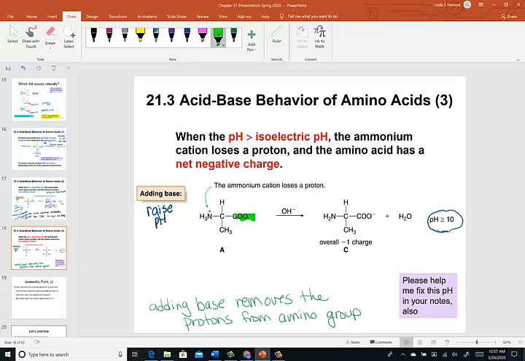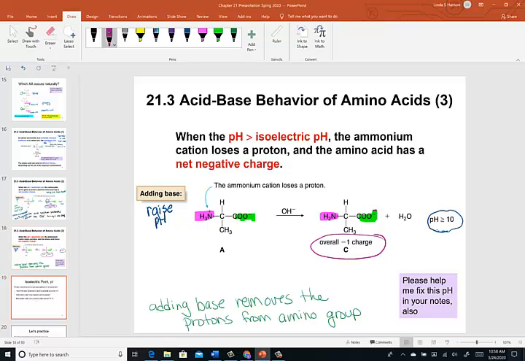Notice that COOH deprotonates. This doesn't have a proton. And on this side as well, what did have a proton on it was the amine. It has been deprotonated. Bases remove protons. Acids add protons. And so now look what's happened. We have a negative charge on the carboxylic acid, but no positive to neutralize it, so we're left with a negative charge overall.